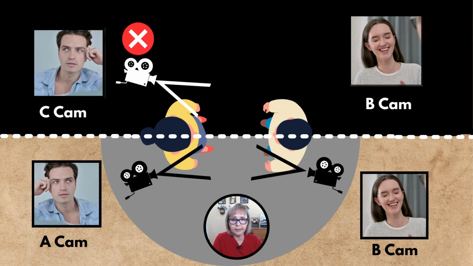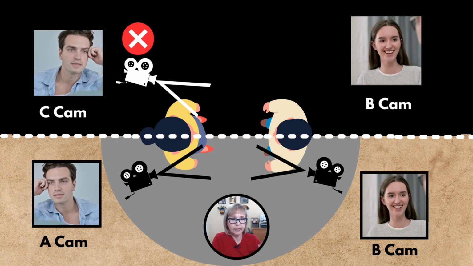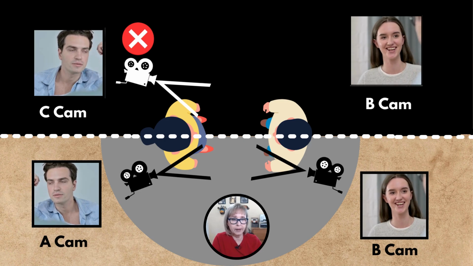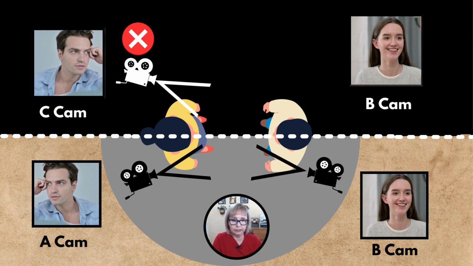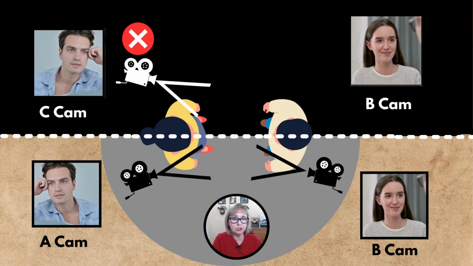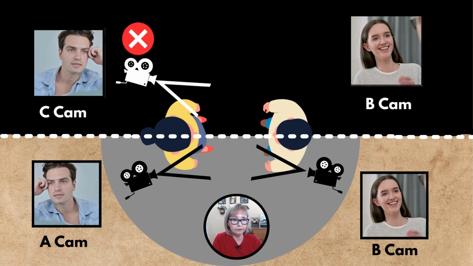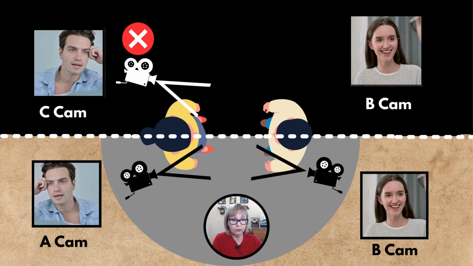Okay, so A camera is over the right shoulder of the woman and it's facing the man. So those little V's are basically showing the direction the camera is looking. So what A camera is looking at would be the man, and he's looking left, the camera's left, to the woman.